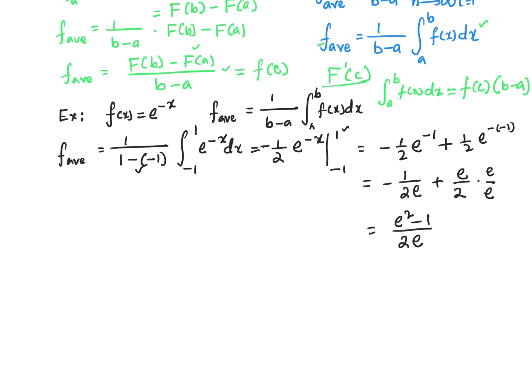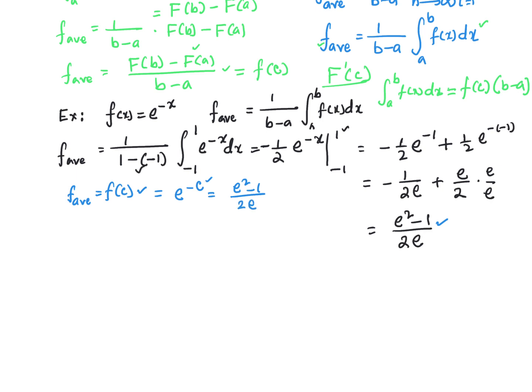Now I can take this idea and expand it a little bit. So we know f average is equal to f of c, which tells me that this must be equal to f of c. But f of c is e to the power negative c. So that tells me e squared minus 1 over 2e must be equal to e to the power negative c.